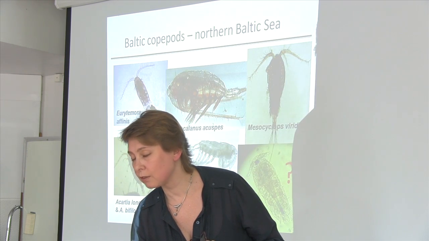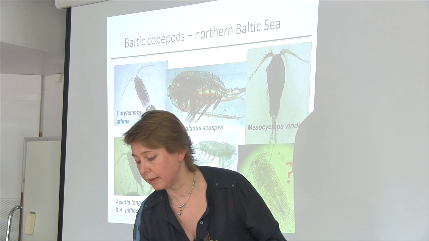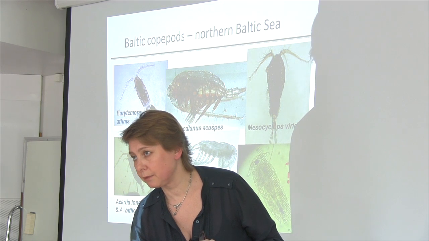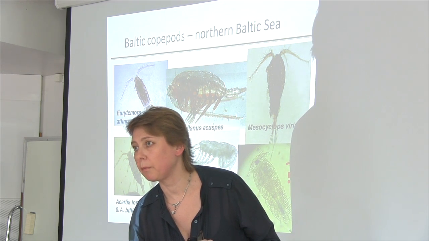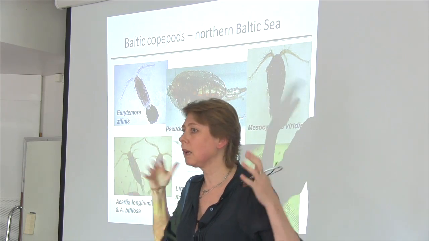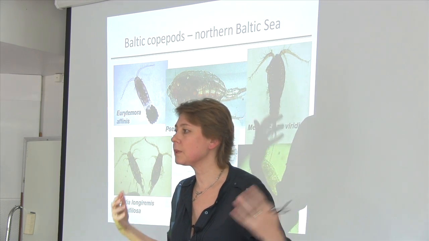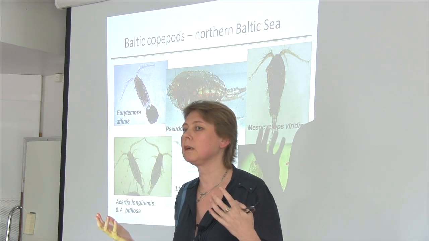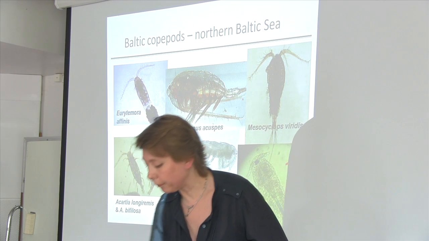Those are not the same as in the northern Baltic Sea, which also makes it difficult to compare copepod abundance, saying it's okay, it's just copepod abundance. It's different species with different adaptation capacity, different optima for temperature, salinity, and so on.